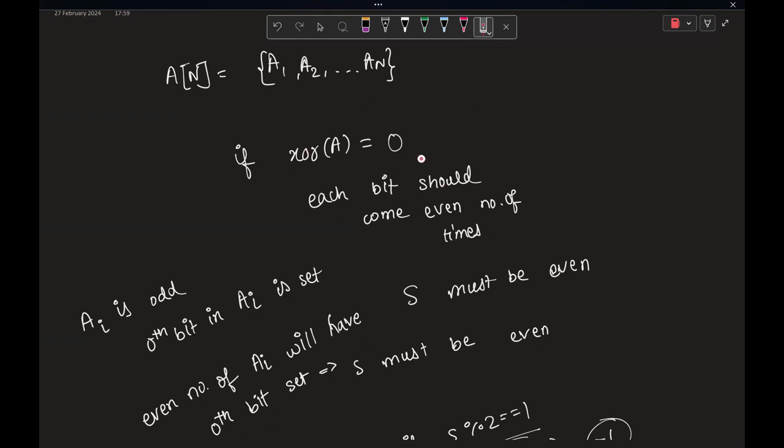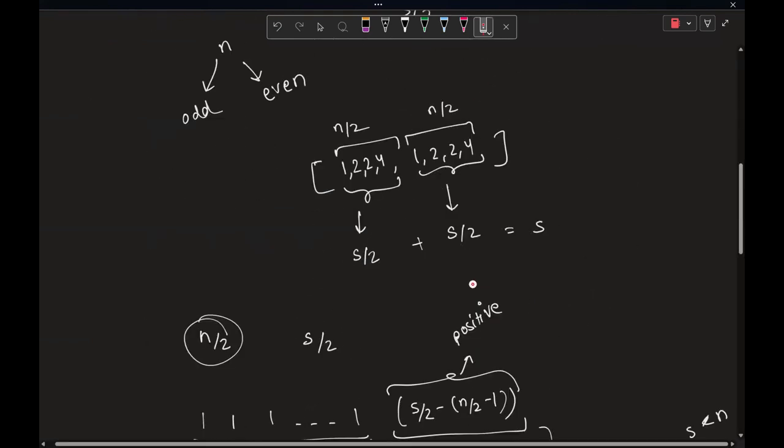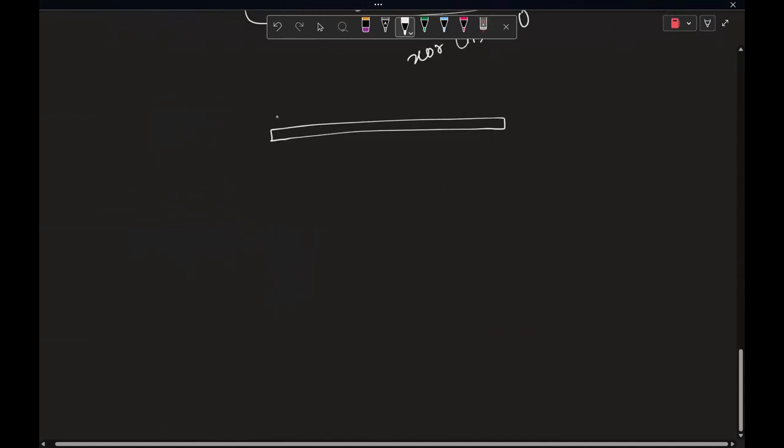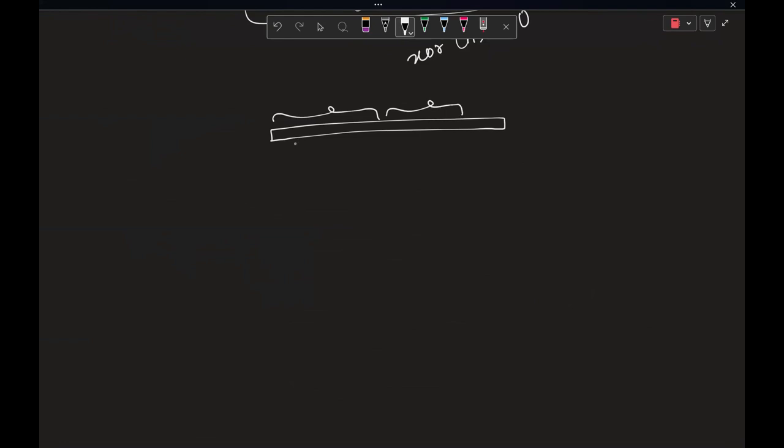Since you want the XOR of all the elements to be equal to 0, it makes a lot of sense to try to have as many duplicates as possible, right? If you got 1, 2, 3, 4 here, you would like to have 1, 2, 3, 4 repeated so that you won't really have to worry about the XOR, right? At the very least, I think this does make sense.